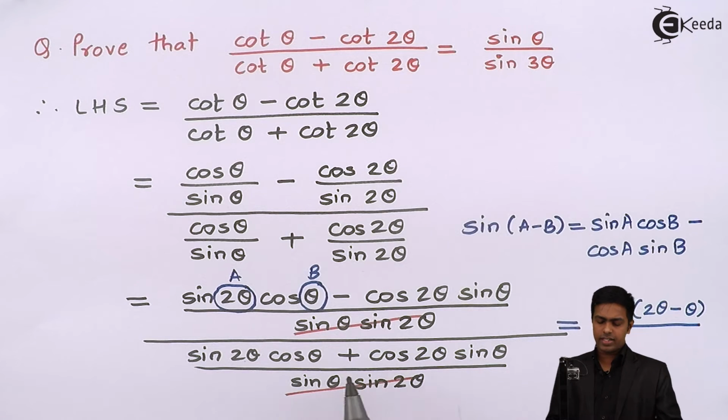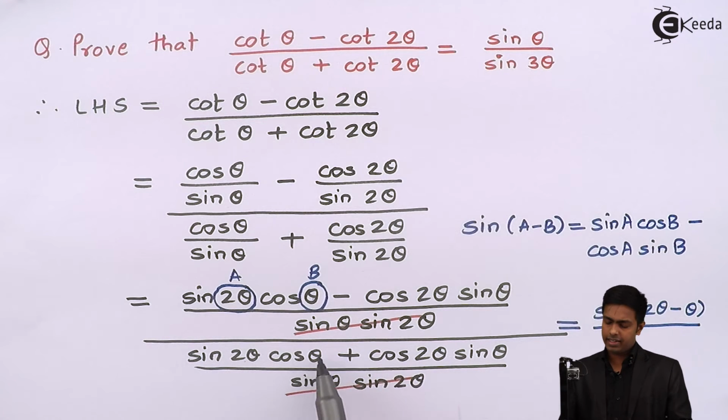So 2 theta is with sine and then with cos, and theta is with cos and sine. The only difference is the middle sign is positive.